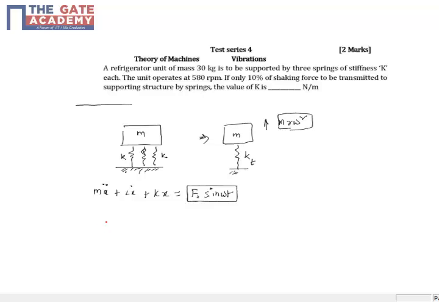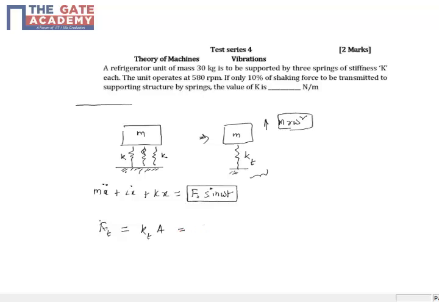Now when we derive the equation of the transmitted force, if you remember, the transmitted force here is kt, by the help of a spring, into the maximum amplitude, which we can get.